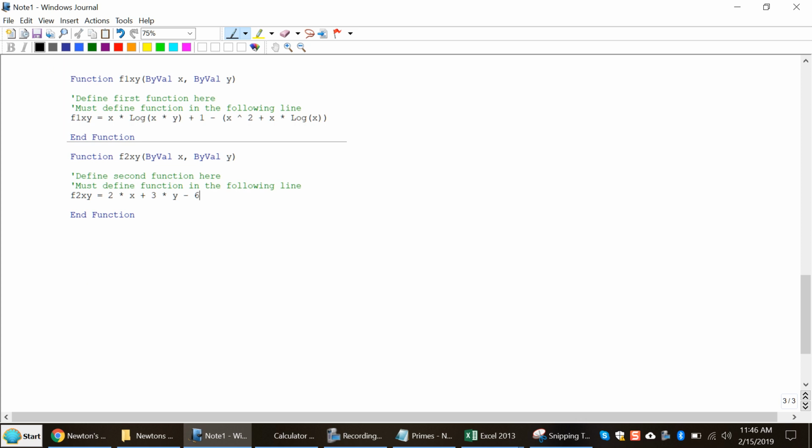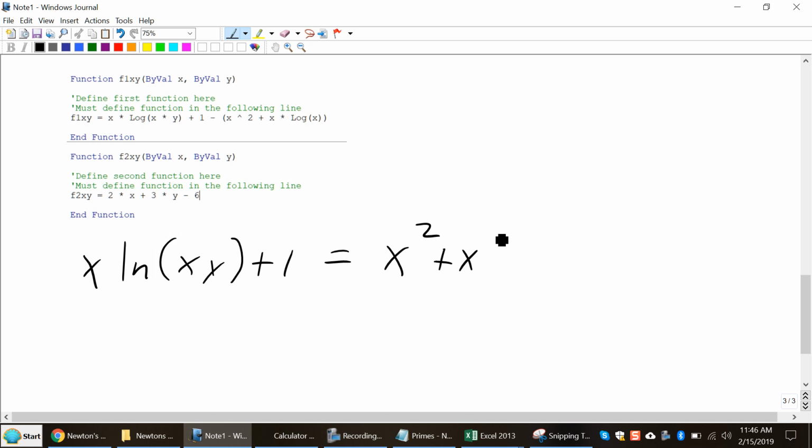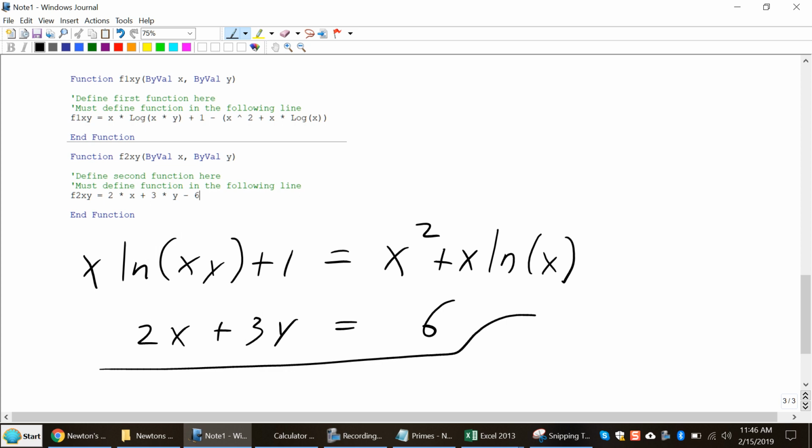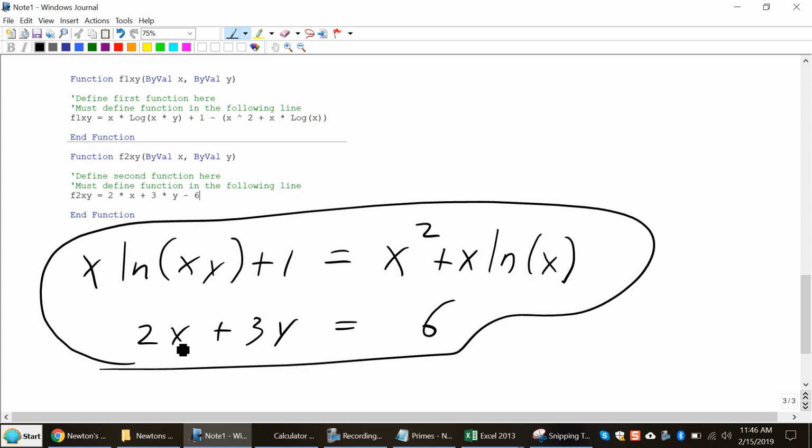This is x times the natural log of x, y plus 1 is equal to x squared plus x times the natural log of x, and 2x plus 3y is equal to 6. Okay? So I want to know the values of x, y where these simultaneous equations are equal to one another.